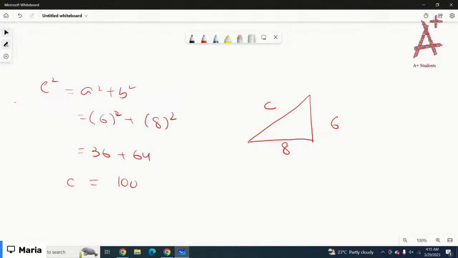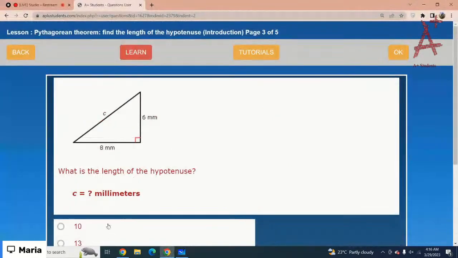Got it? So square root both sides, it would be then C equals 10. That means the correct option is 10.